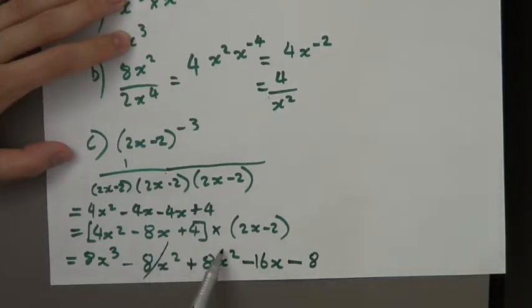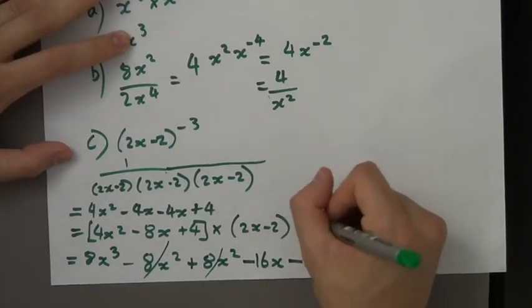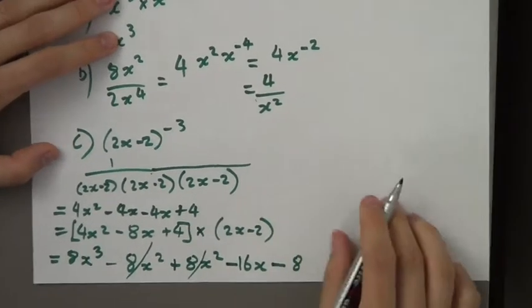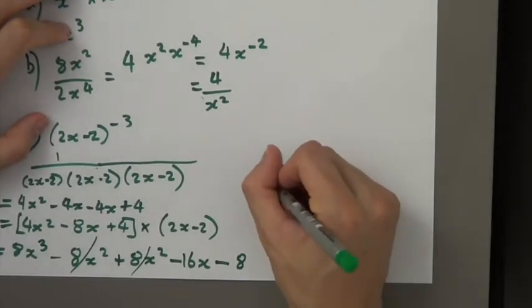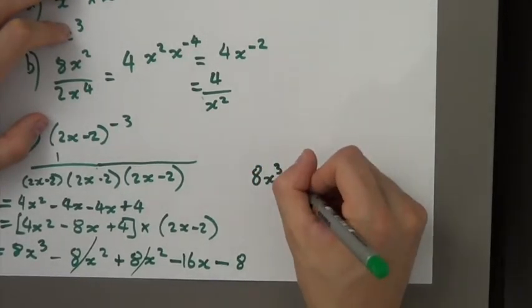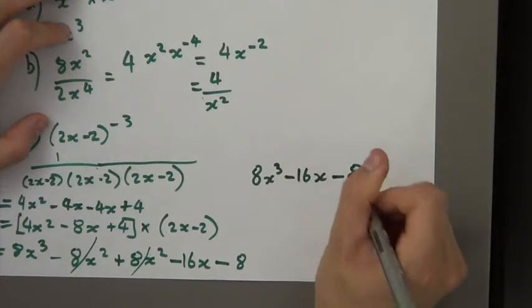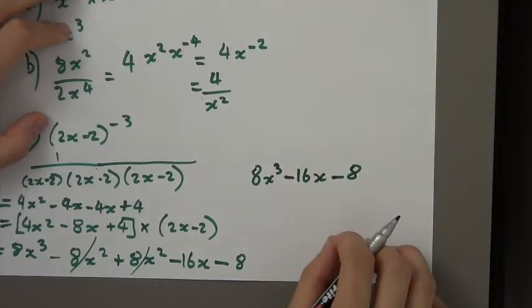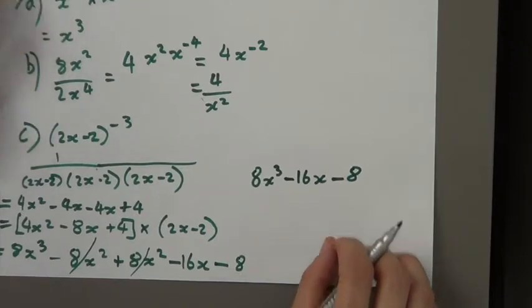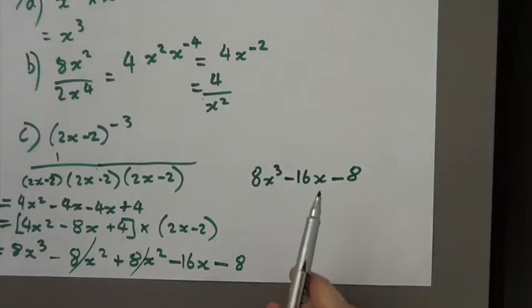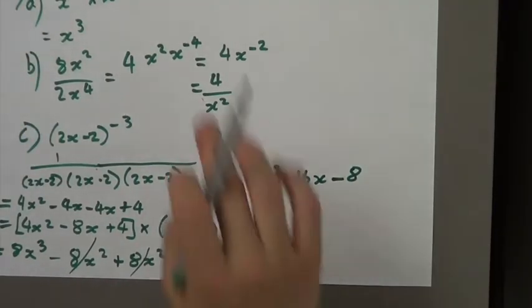We can cancel these two. So the final answer is 8x cubed minus 16x minus 8. Okay. Right, next question.